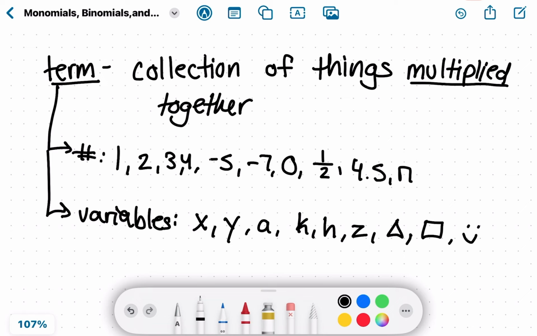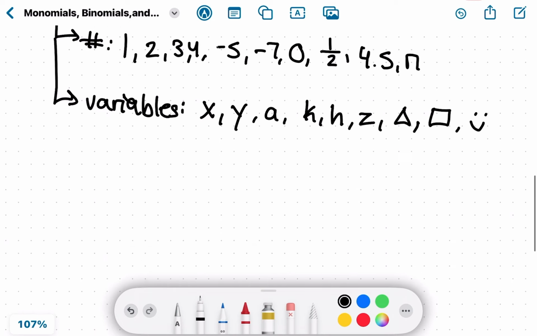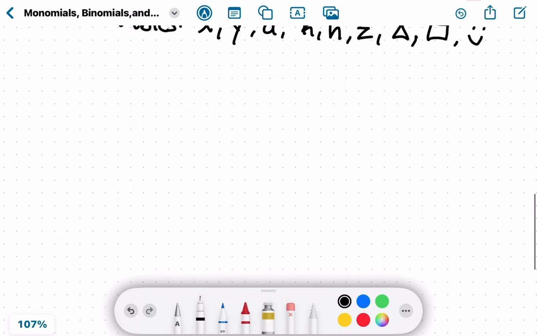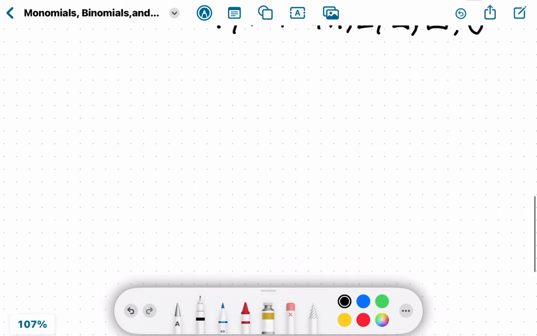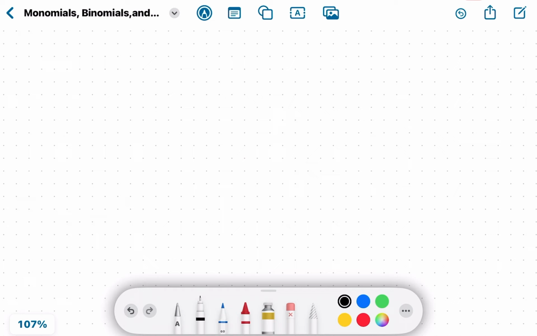Now, when I say multiplied, I can also mean divided. But wait, it just said multiplied and multiplied only. Division isn't the same thing as multiplication. Well, actually, yes it is. Multiplication and division are basically the same thing. So, let's take 50 divided by 2.